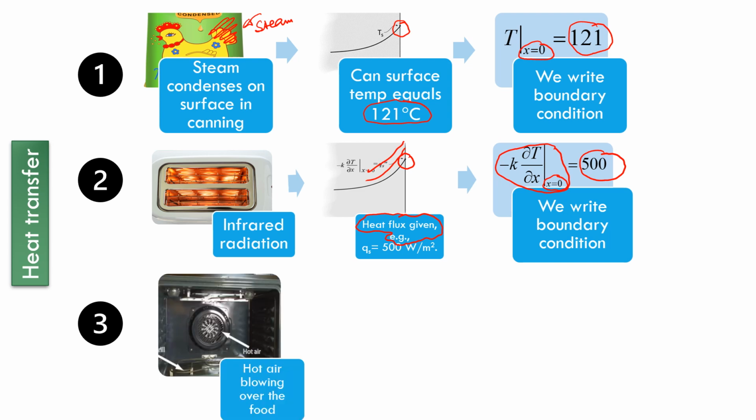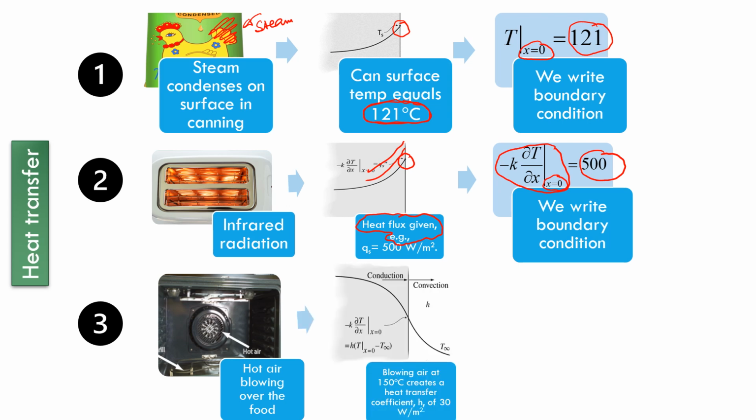Then the third one is the convective boundary condition. And so here, let's say we have an oven with hot air blowing over the food. If the hot air is blowing over the food, it cannot really maintain the temperature the same way as it was for steam, for example, and neither can it maintain a constant flux.